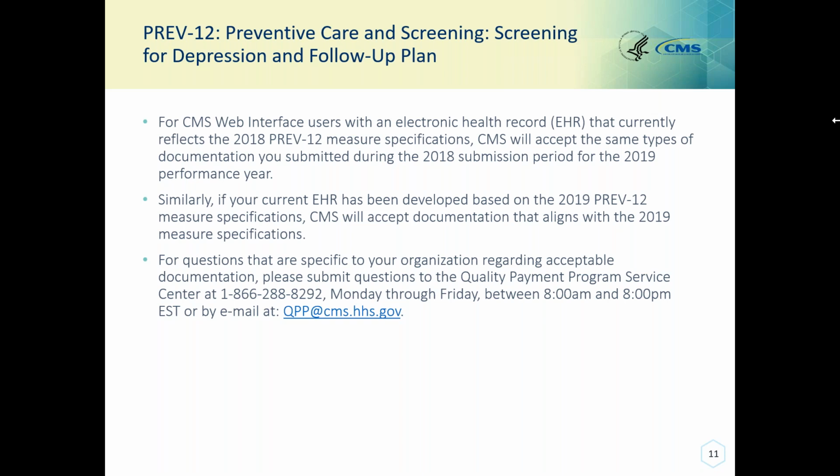If they did have a score greater than 9, that's when you would enter the date and the score. If they did not have a score greater than 9 or did not have a PHQ-9 administered, then you would select no. So only in the instance where they did have a score greater than 9, you will be asked to enter that specific score.